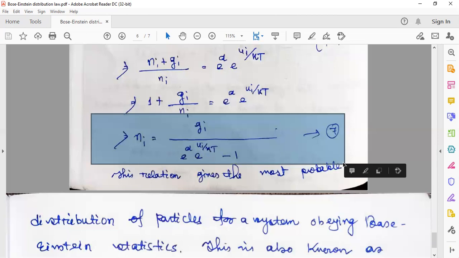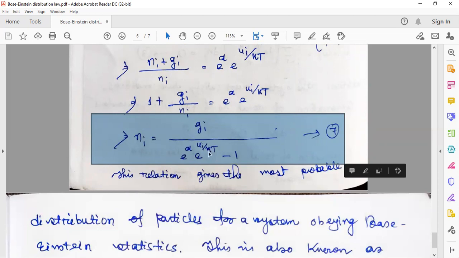In the next topic we are going to learn about Bose-Einstein condensation, and in Bose-Einstein condensation we also have to refer to this particular relation a few times.